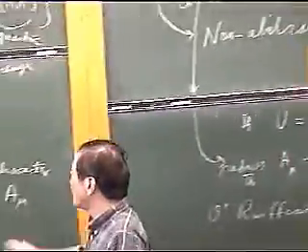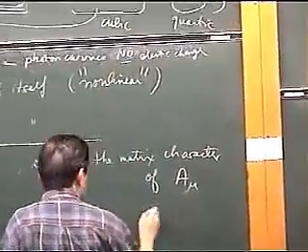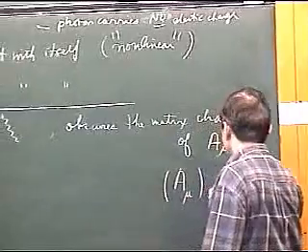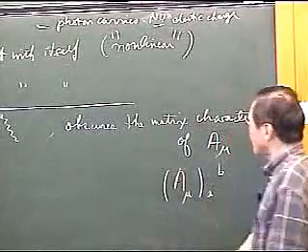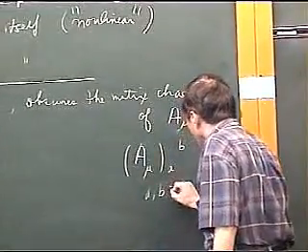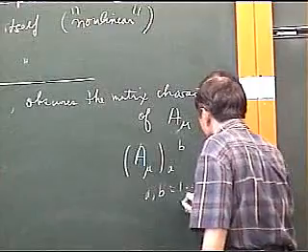A mu is actually an n by n matrix. So if I write the index out explicitly, there's a matrix index a and a matrix index b. So a and b take on n values if we're talking about SU(N).